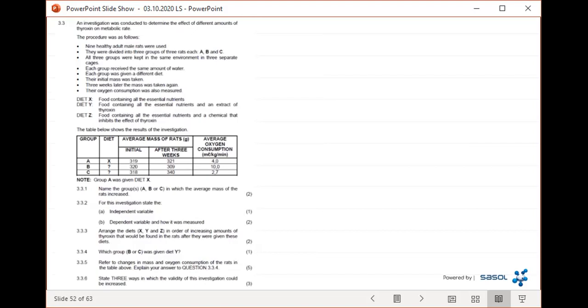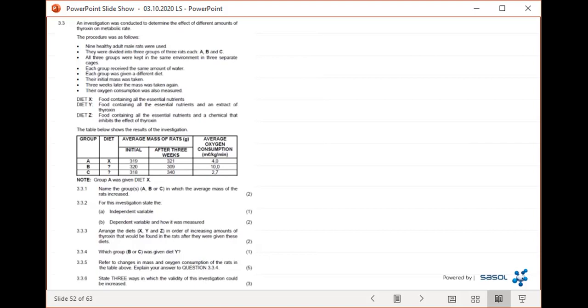Because it's an investigation, we know that there will be a dependent and independent variable, and we need to immediately note those things as we are reading the passage. Okay, the procedure was as follows. 9 healthy adult male rats were used.